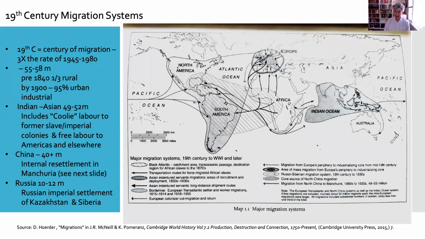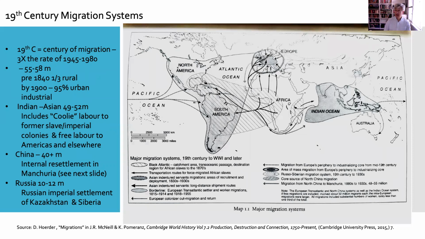Okay. And again, we look at this and we think of the modern period, and we think sometimes in Canadian politics, or even in American politics, that this arrival of all of these people, this immigration, is a big issue. And yes, it is a big issue, but the numbers that arrive and are on the move in the 19th century far outweigh and far exceed those of the modern period.